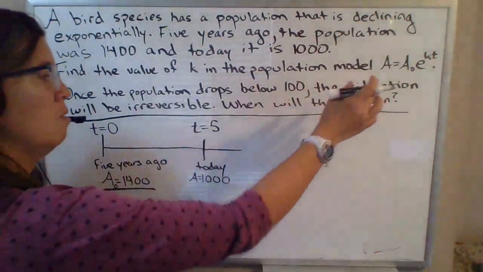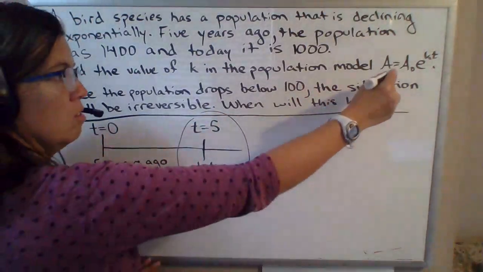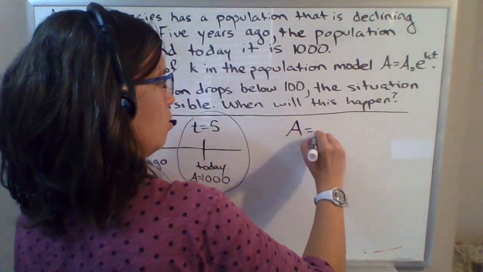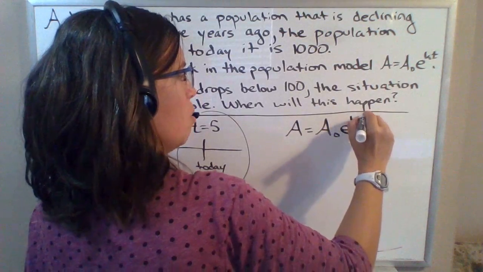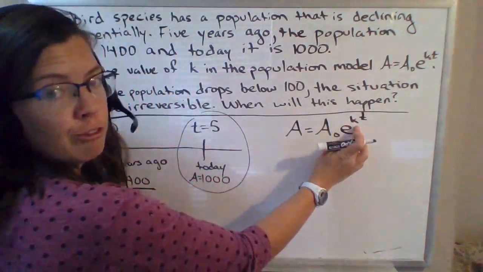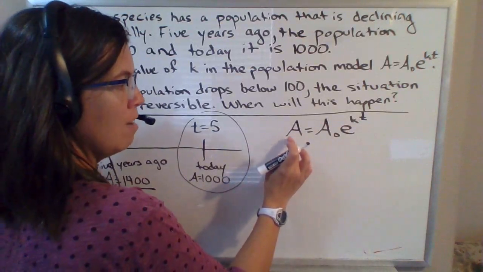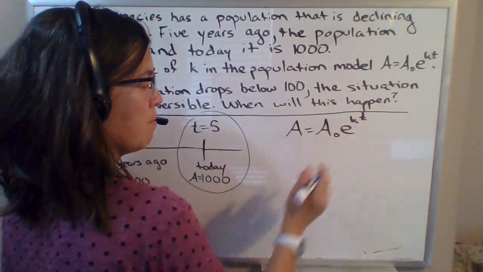So if I plug this, and this for that matter, into this general population model, A equals initial population times e to the kt. We're wanting to solve for k in this equation, which means we need to plug in values for everything else, for A naught, and for t.